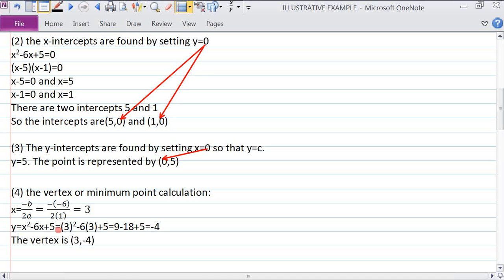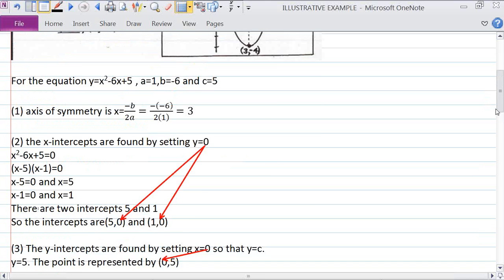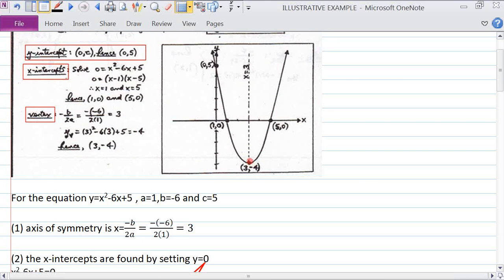So 3 squared for the x minus 6 times 3 plus 5. 3 squared is 9. 6 times 3 is minus 18. And we have plus 5. 9 minus 18 is what? Minus 9. Minus 9 plus 5 is minus 4. So the vertex is 3, minus 4, or the minimum point. And if we go over here, you can see the minimum point.